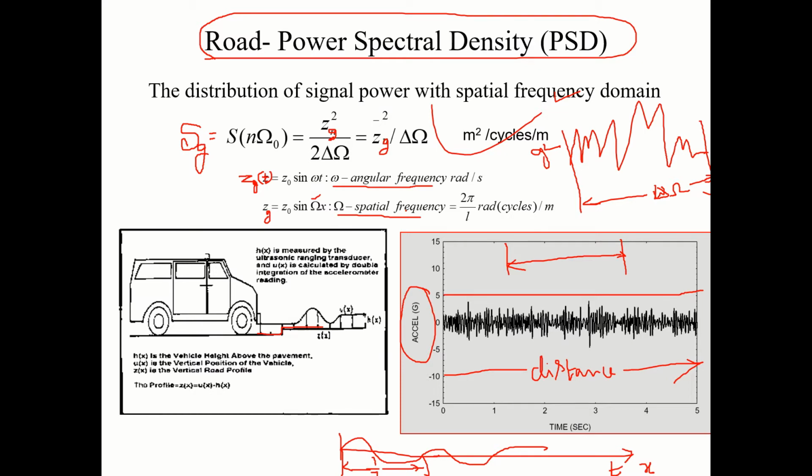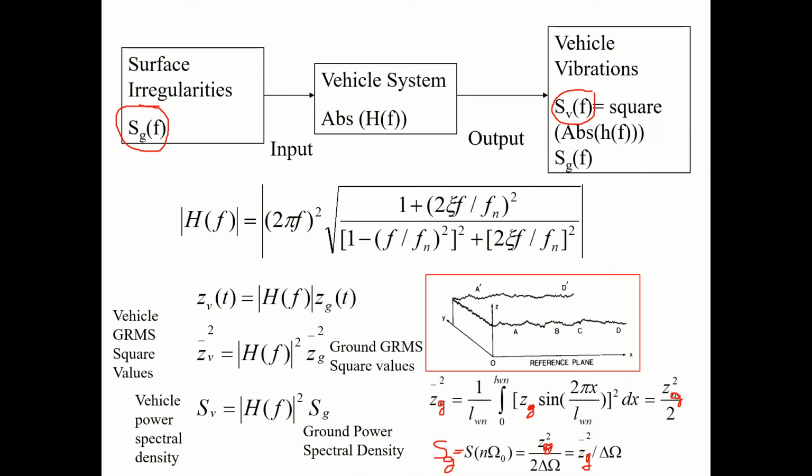Now I want to get a vehicle power spectral density. You see here, power spectral density by definition is defined like this.